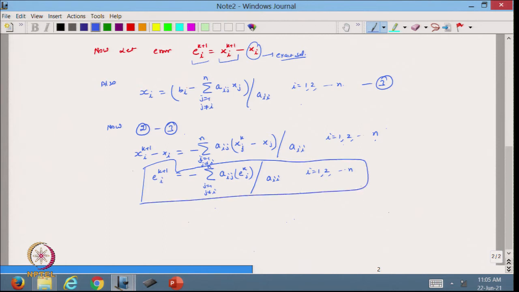So, this is the error term we are getting at the k plus 1th iteration.